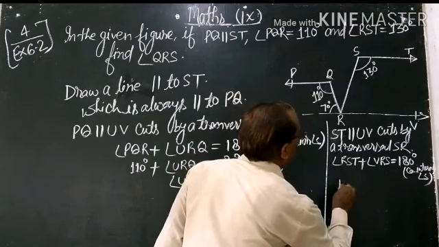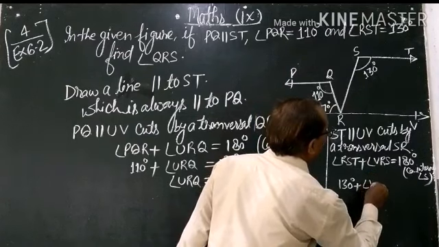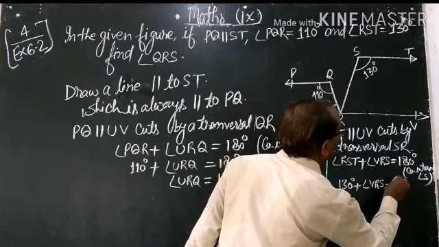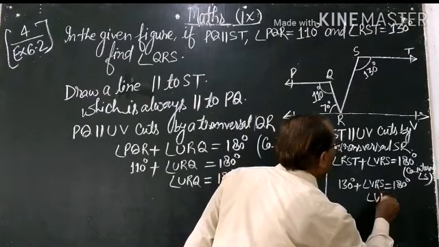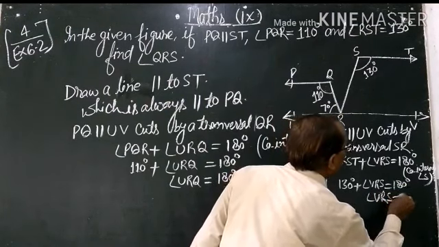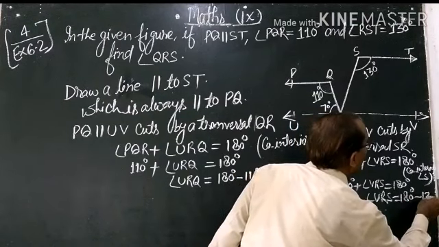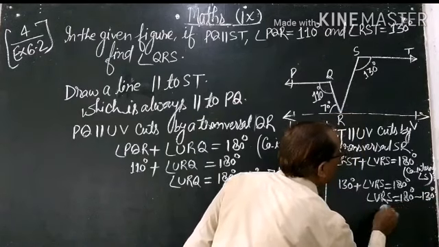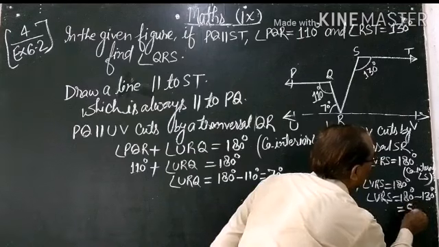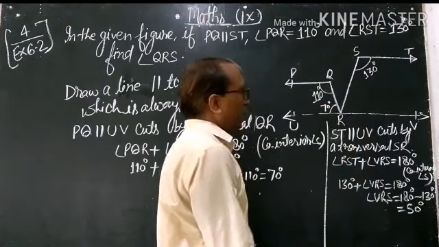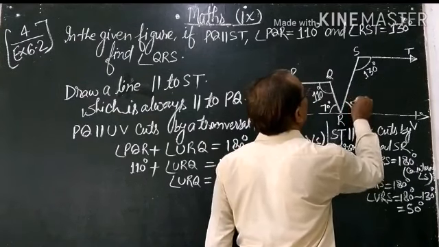Angle RST 130 degrees, 130 plus angle VRS is equal to 180 degrees. Angle VRS is equal to 180 minus 130 degrees, that is equal to 50 degrees. We get the value of VRS, 50 degrees.